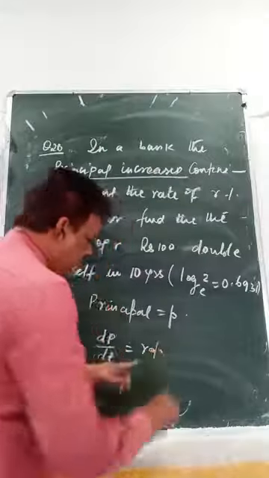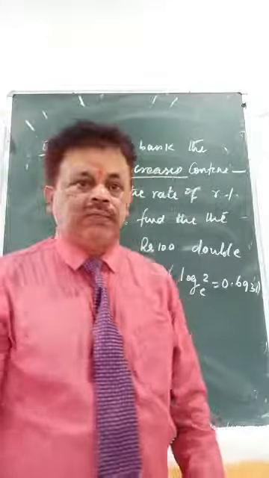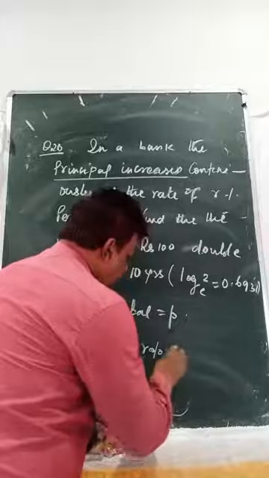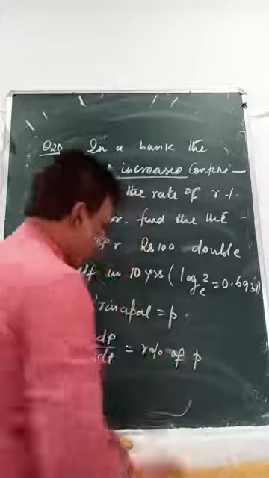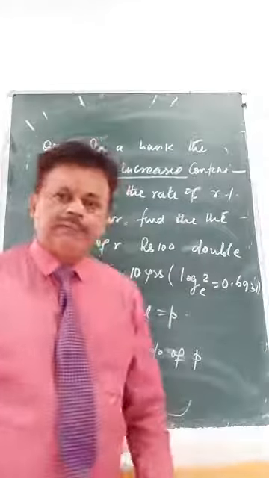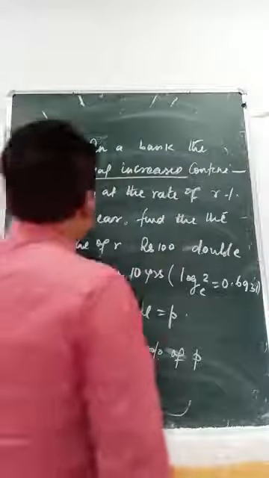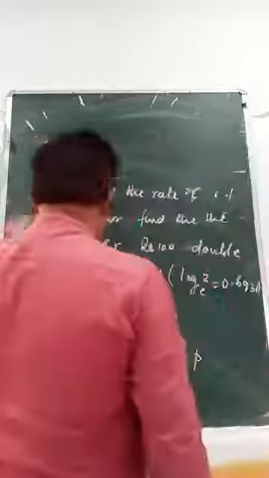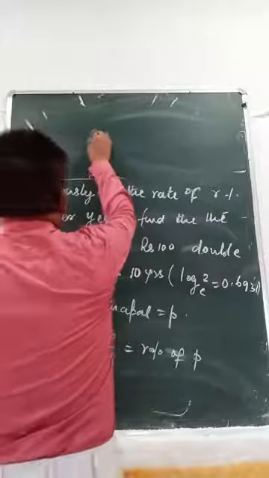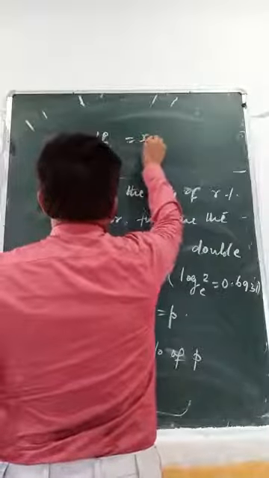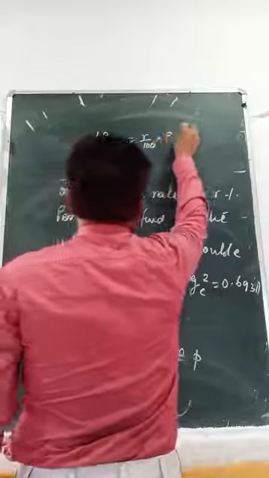Rate of interest is calculated on what? R% of principal. This is the main clue here. So what am I going to write? dp by dt equals R by 100 into P.